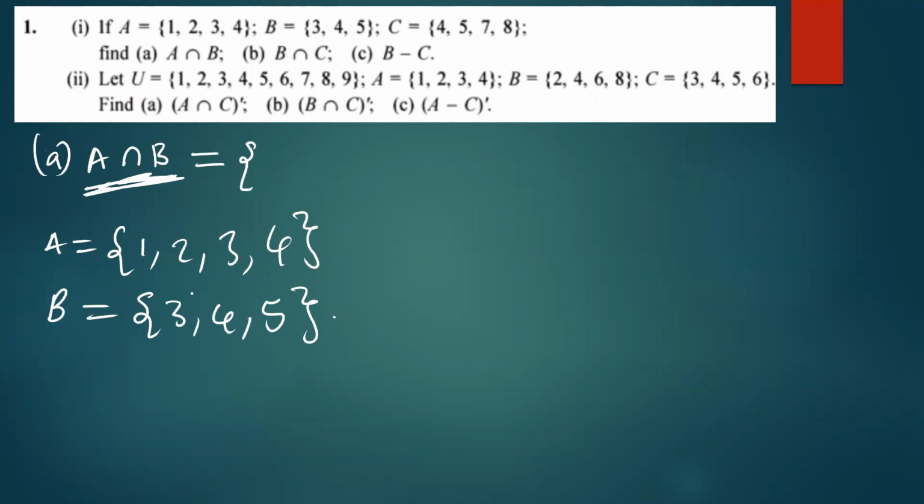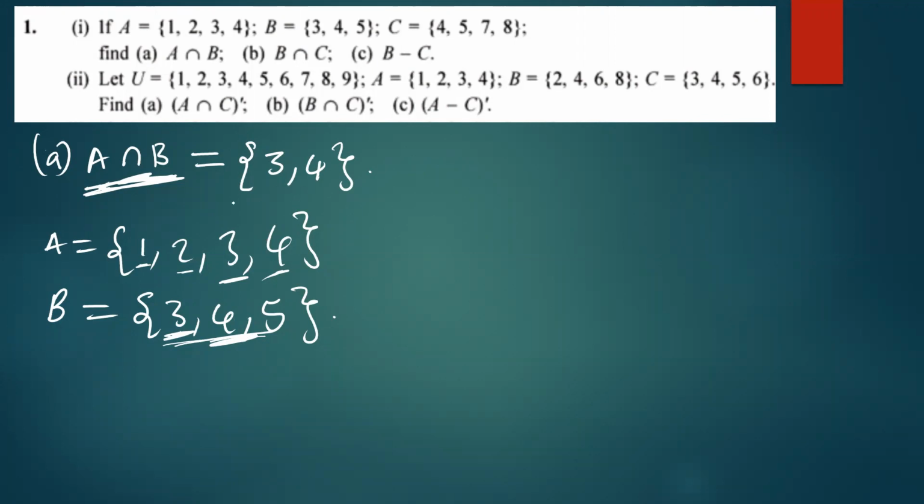We have 1 there, but we don't have 1 in this set. We have 2 there, but we don't have 2 in this set. We have 3 there, and we also have 3 there. We have 4 there, and we also have 4 there. So the common elements are 3 and 4. These are the 2 elements common in set A and set B.